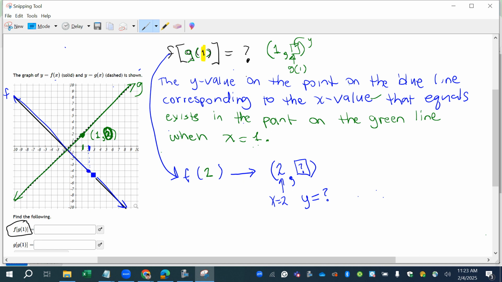I see that corresponds to a point that has an x-coordinate of 2 and a y-coordinate of -4. So now my answer is y equals -4 when x equals 2 on the blue line.